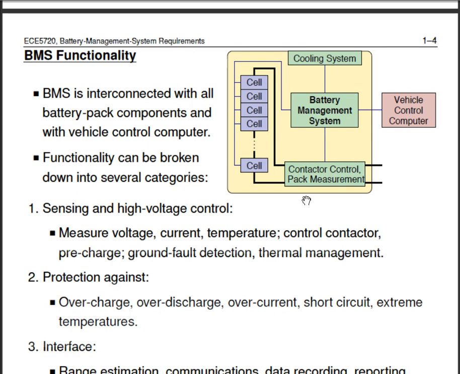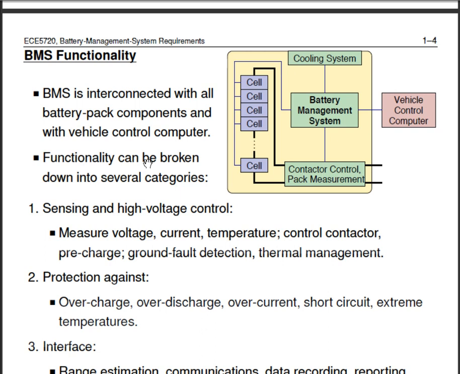That will generate the net output voltage, and that power should be given to the motor. So BMS is interconnected with all battery pack components and with the vehicle control computer. In this case you are finding the battery management system, cooling, contactor control, pack measurements, and this is the vehicle control computer. This is the main ECU, and the battery management system is a sub ECU, but the sub ECU is controlled by the vehicle control computer.